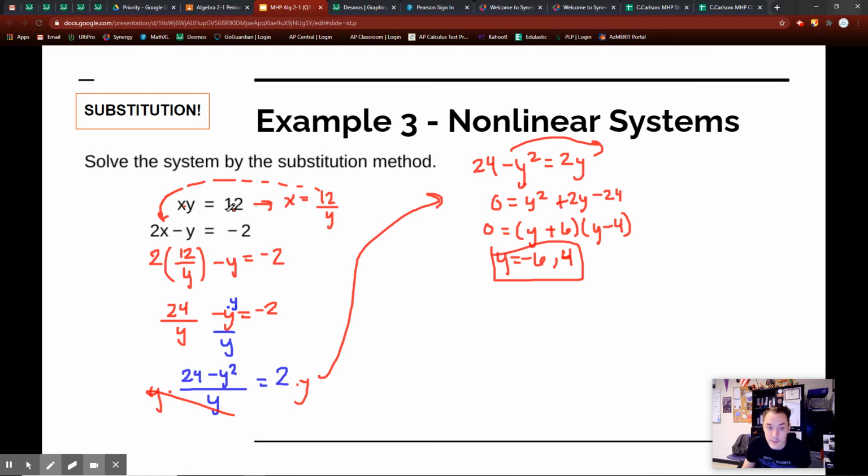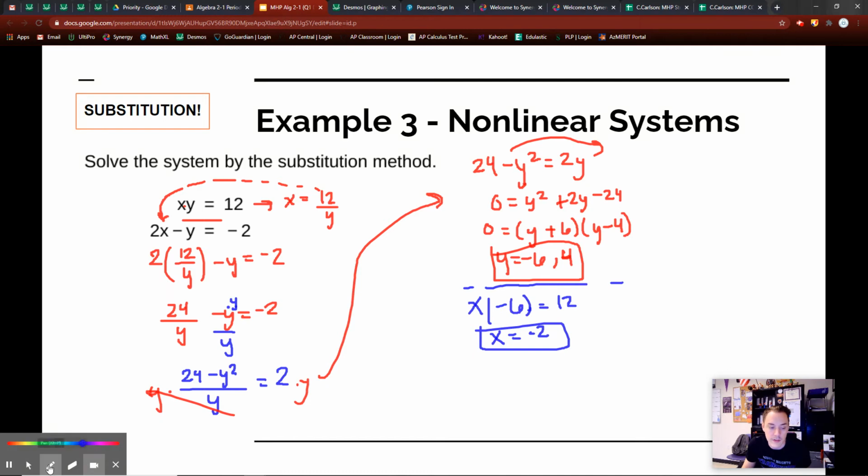So now let's plug them into my first equation to get my x's. So this is x times my first y here, -6 equals 12. I divide by -6, so x equals -2. So what's my first point?